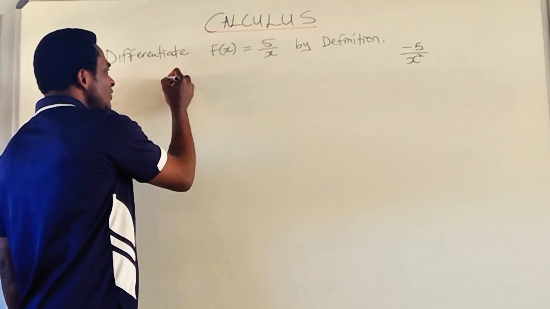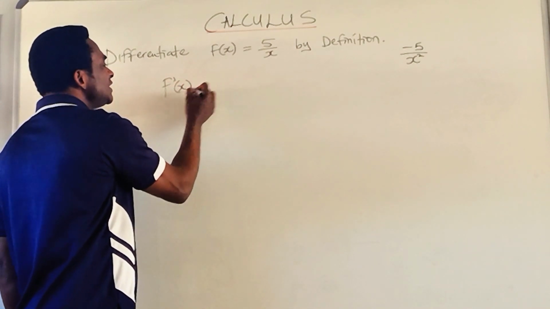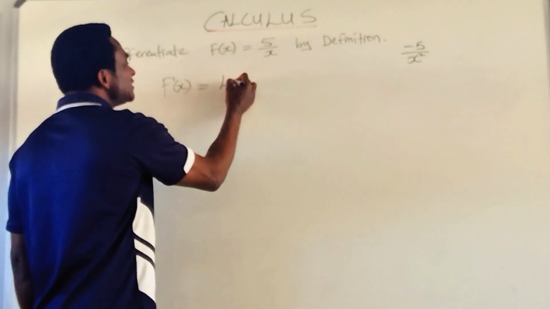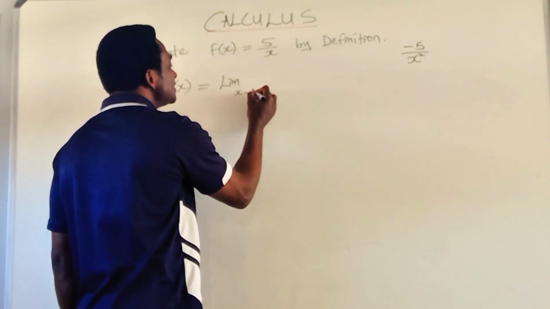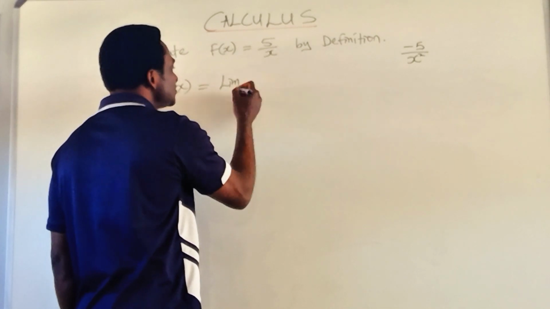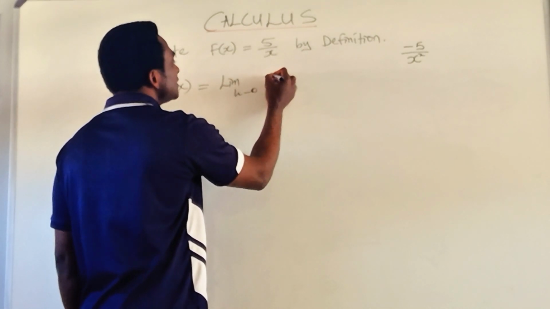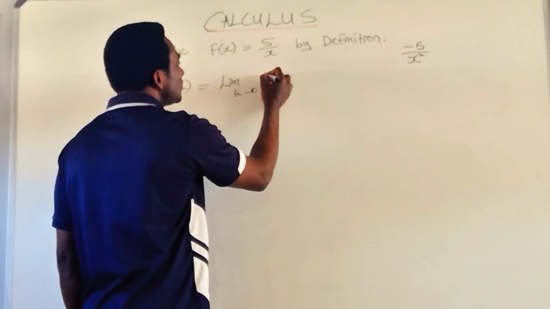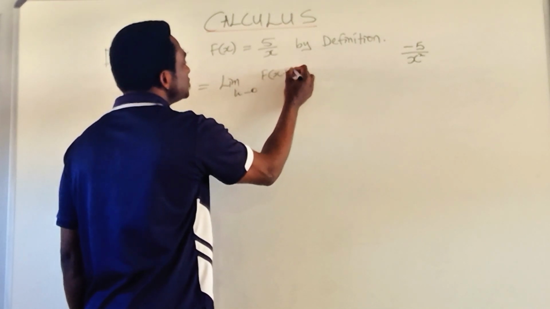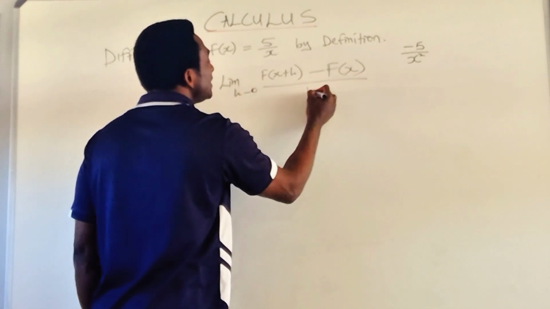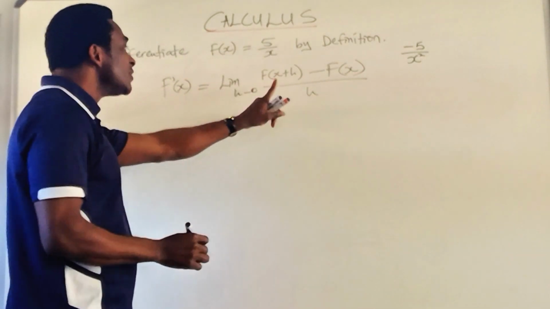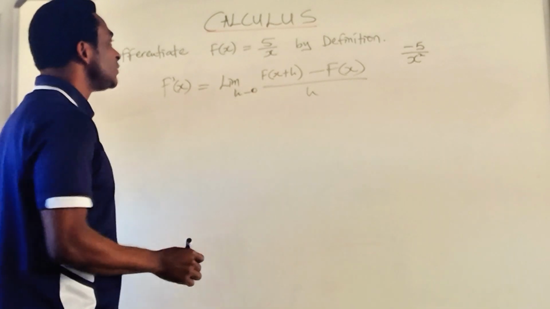The first derivative of this function using the first principle says that it is the limit, as h tends to 0, of f of x plus h minus f of x, divided by h. So what we don't have here is our f of x plus h.